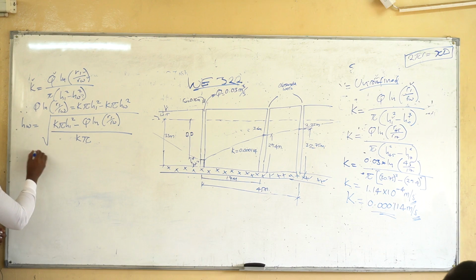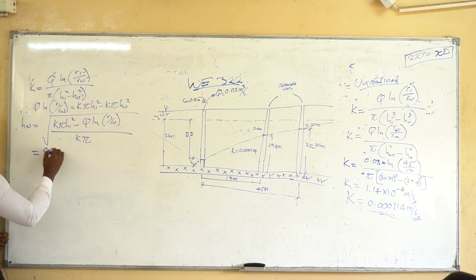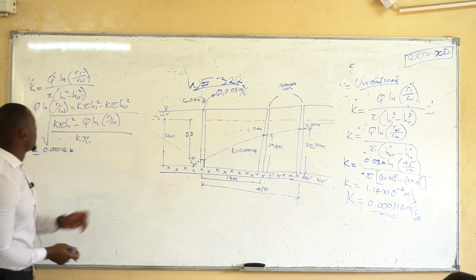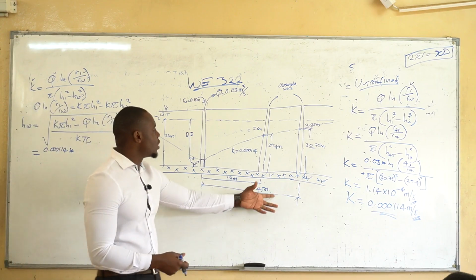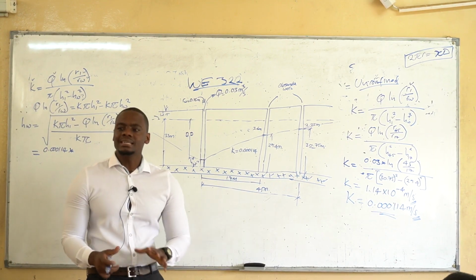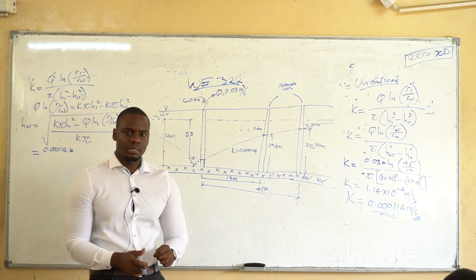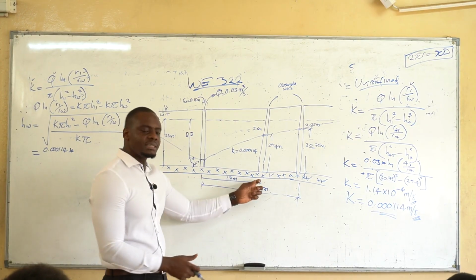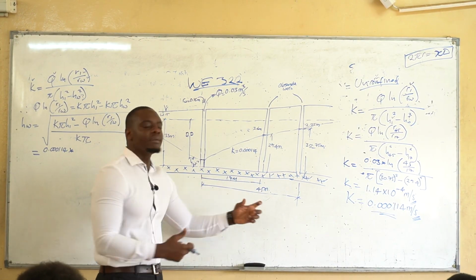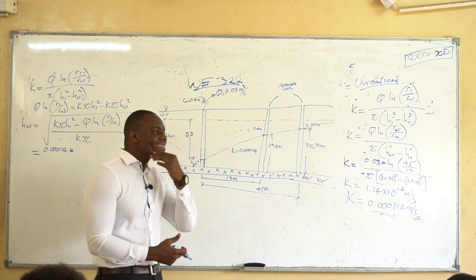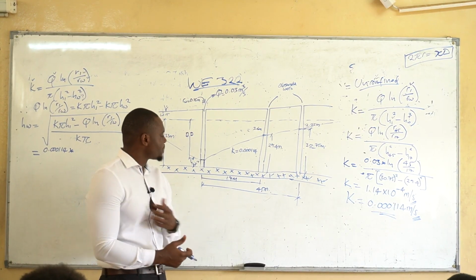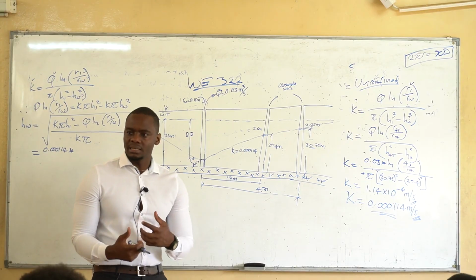I'm just going to place the values here. So the K we said is 0.00114. Which H1 or R1 do you pick? It doesn't matter. Are we together? Your R1 could be 17, your R1 could also be 45. I haven't tried this in a long time, but when I was a student, I tried it and the answers are just the same.